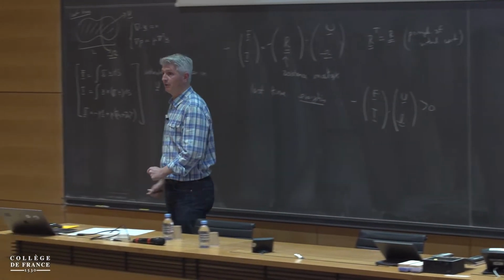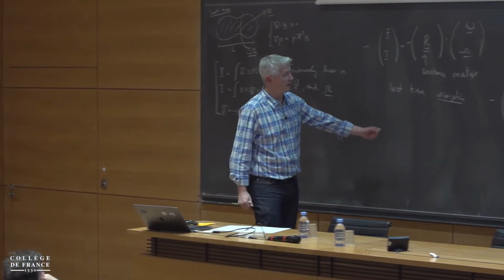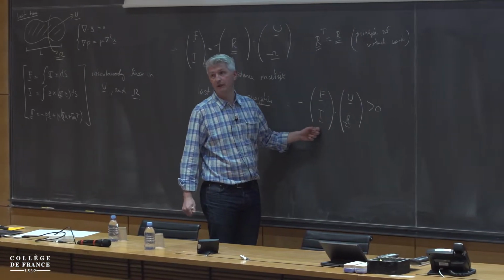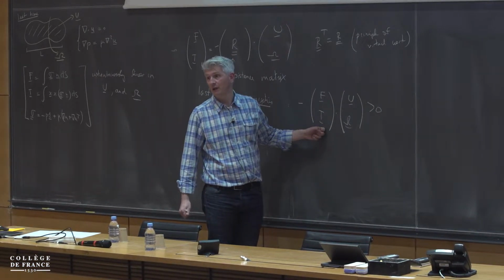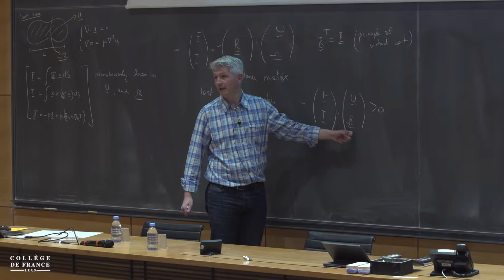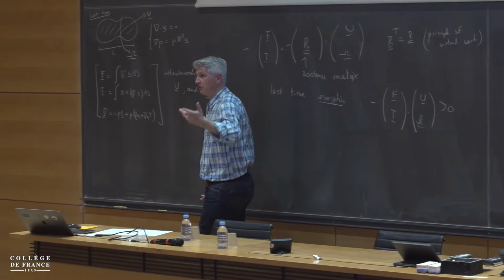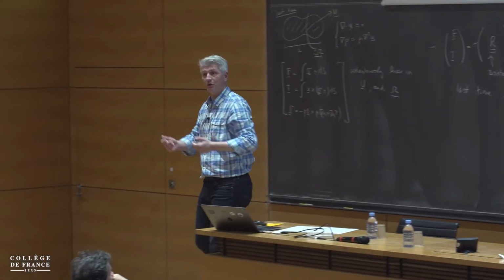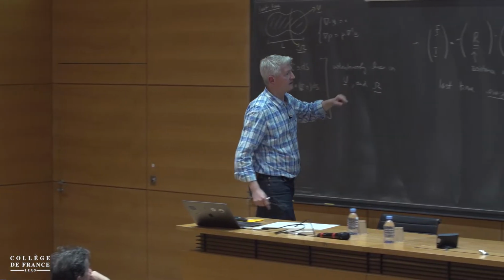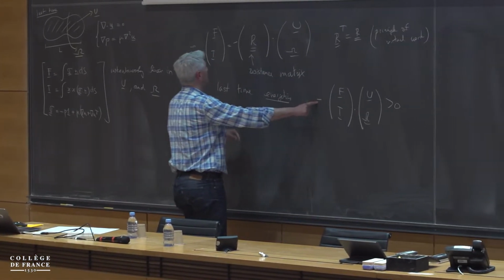This is the dissipation in the fluid. So this is the rate of working of anything moving in a fluid that experiences force and torques and moves with speed u and rotation rate omega. It turns out with a minus sign that goes into the dissipation. That's always energy gone.